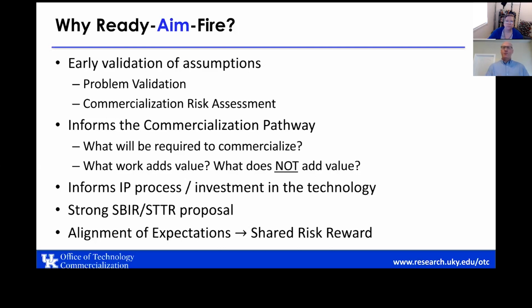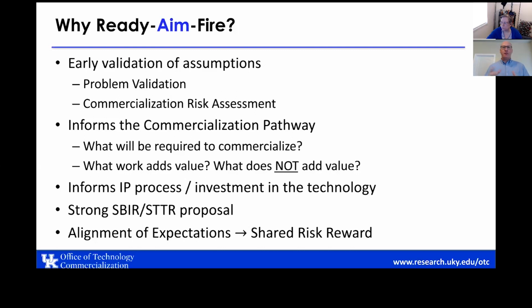Finally, I think it's really important when you've got multiple people involved from the idea stage to commercializing a technology. These are many-year processes with tremendous amounts of money invested, so it's really, really important to have alignment of expectations.